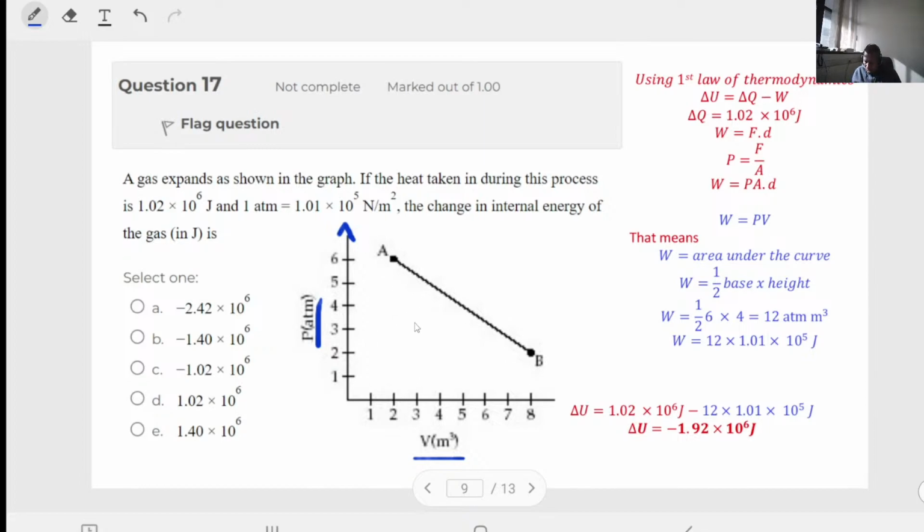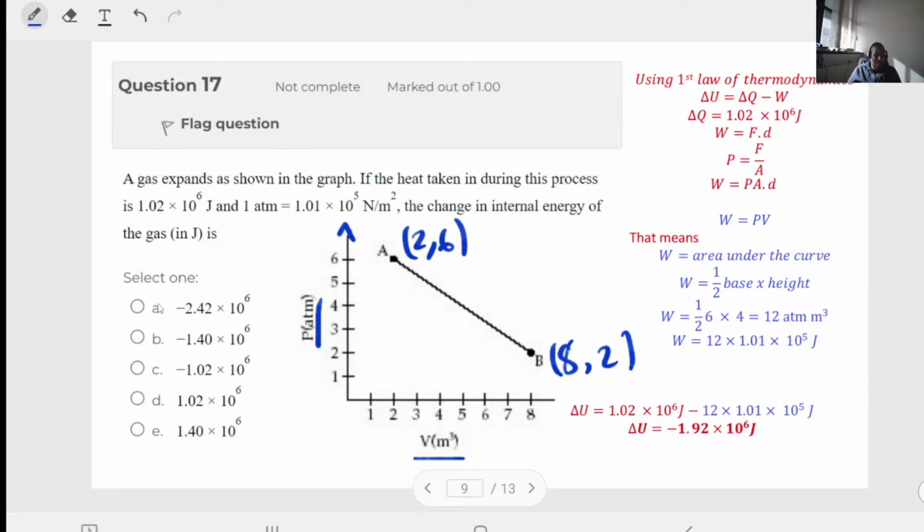So the coordinate for A is (2, 6). The coordinate for point B is x-axis 8, y-axis 2. Pressure is 6 and the pressure is 2 here. Volume is 2, volume is 8.